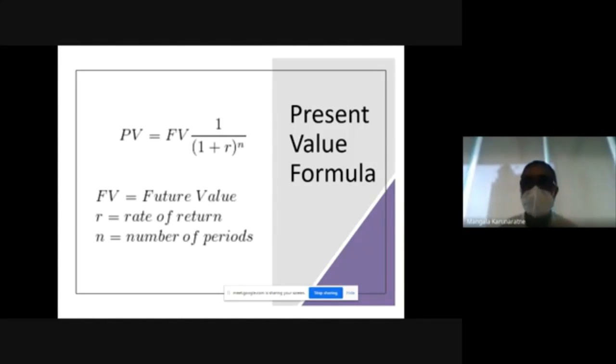Now this present value principle is the one we use to calculate bond price. So we need to know the components of this, as well as how we are going to get details from bond transaction and apply here in this formula.